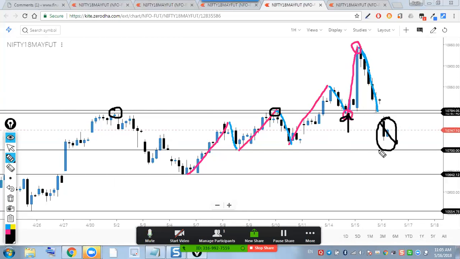Forget this one, and this support layer still remains alive. So if price comes back here, we are going to look for some buy trades, isn't it? Because that's a support level, even though it's a flattish condition now, and even though the upward momentum basically loses its strength.